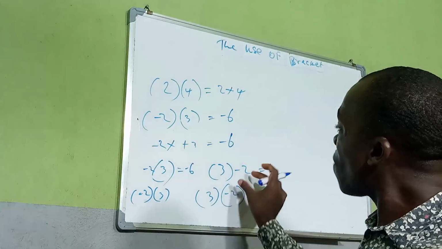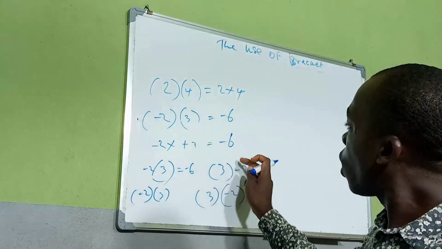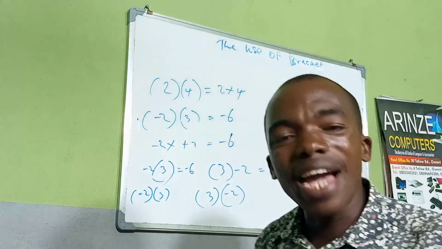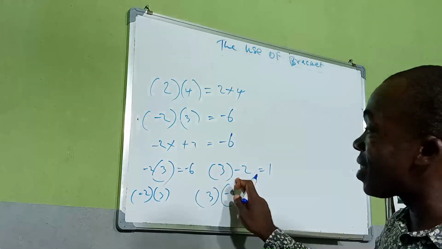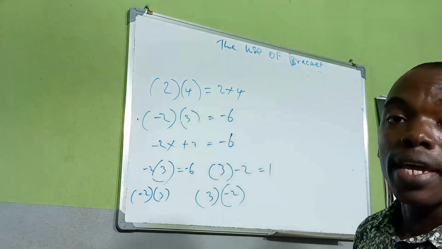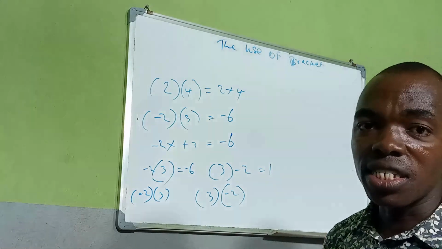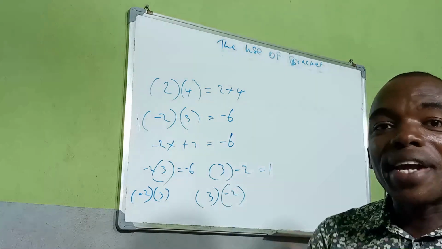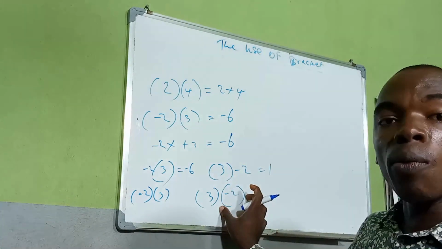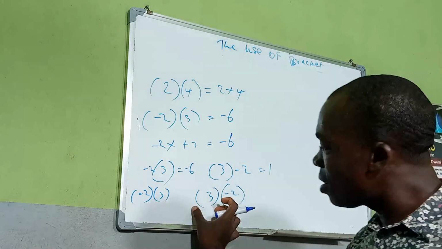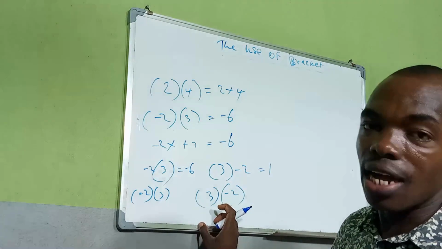But if I wanted to multiply this bracket, then I will close it in a bracket. Because I told us that for a number to multiply a bracket, it must come in front of the bracket. Then 2 bracket means multiplication. So because I have closed this in bracket now, that is why it is now multiplying this number. Do you understand? So that's it.